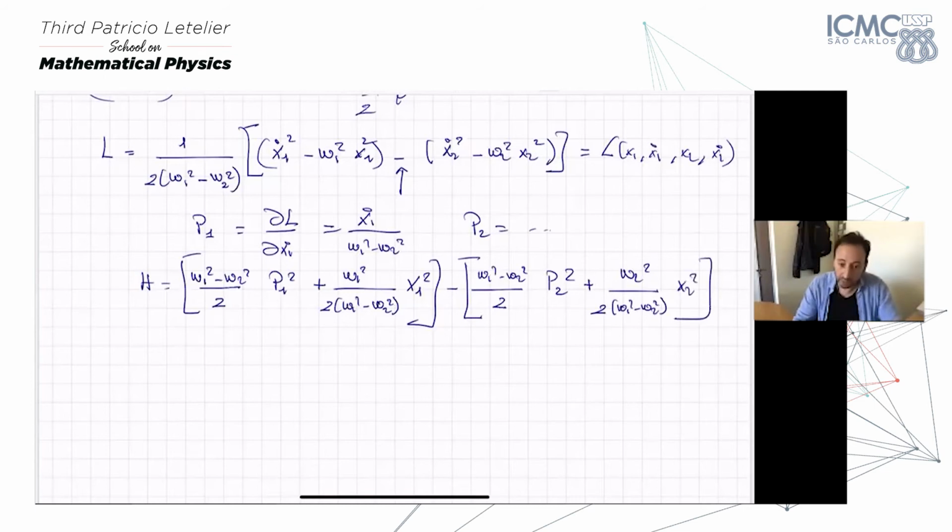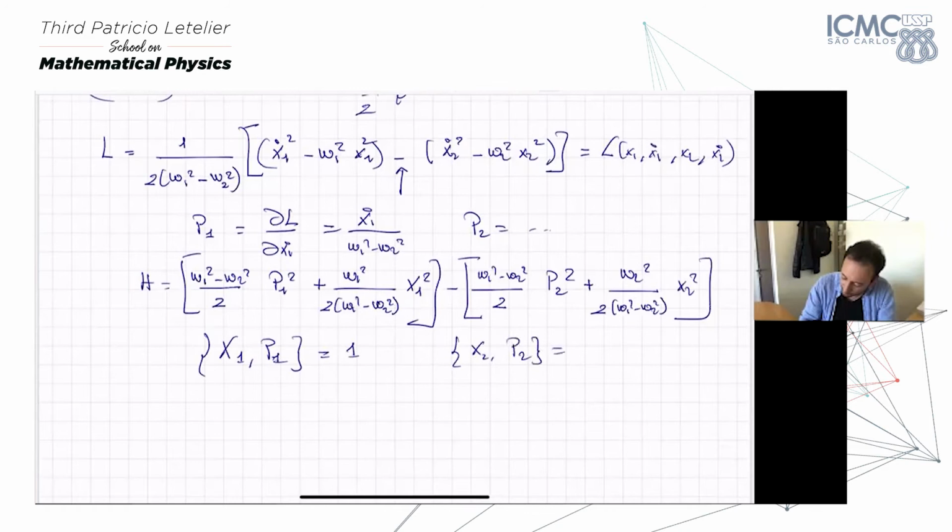So in fact, we have 2 harmonic oscillators, one with a sign plus, the other one with a sign minus, which we understand will possibly trigger something. Okay, we have the Poisson bracket relation like this.